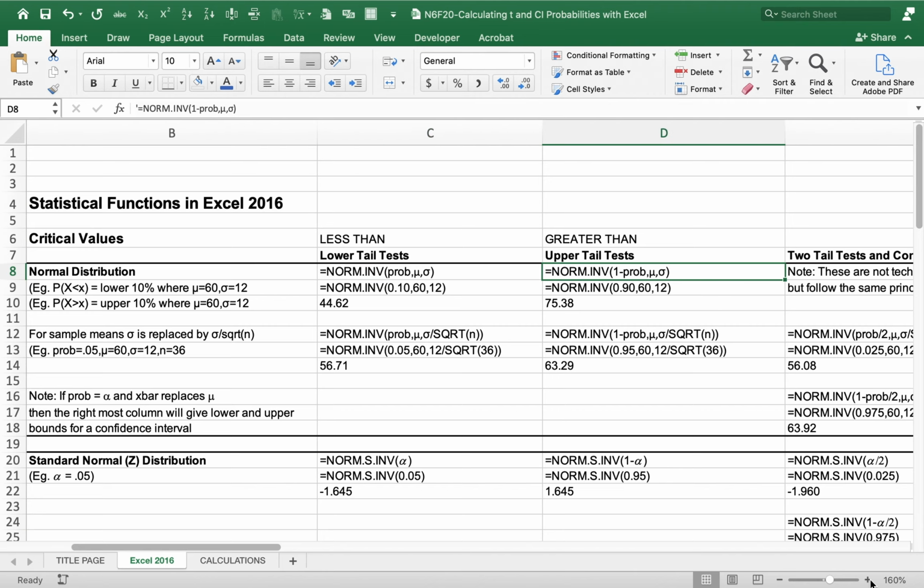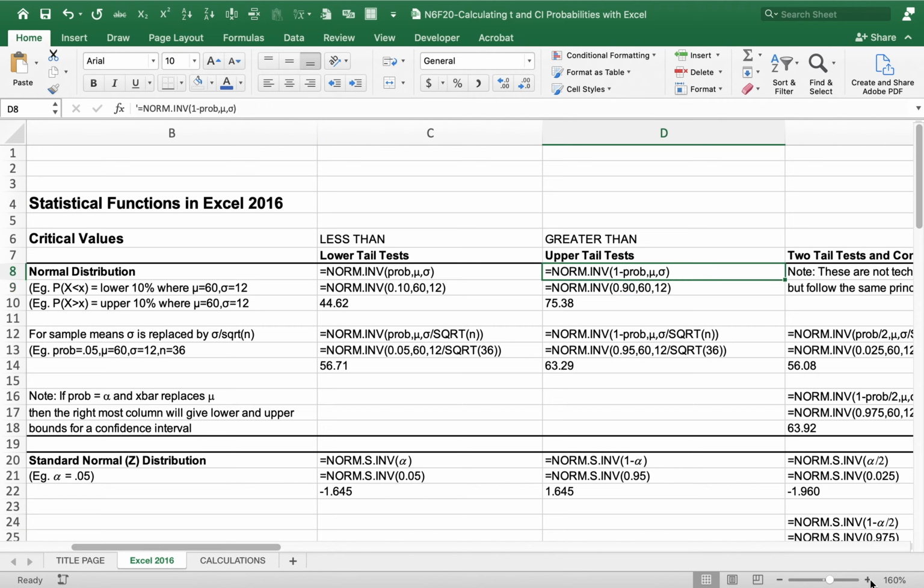If you're looking for some point up, it would be 1 minus that. So if I asked for the x value that has 5% in the upper tail, you would put in norm.inverse and then 1 minus the 5%, so you would put in 95%. Now, I think the example I've got is actually 90%, and so that gives you the upper 10%, the lower 90%.